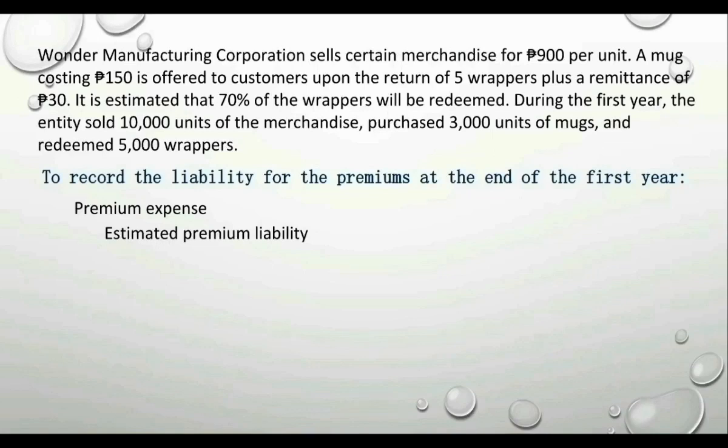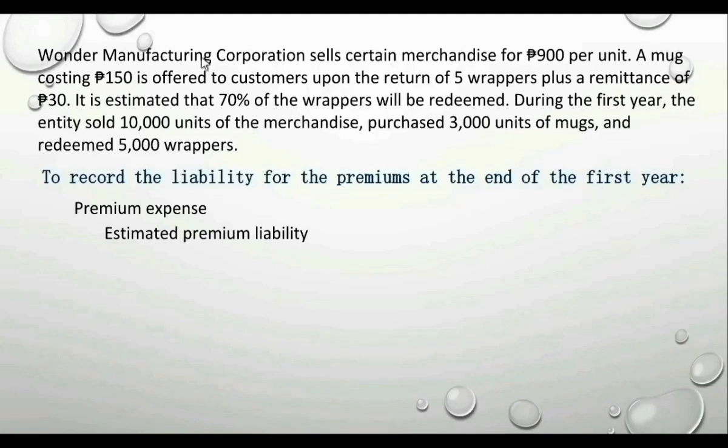The premium expense must be reported in the same period in which the corresponding revenue from the sale of the merchandise is earned. But how much is the estimated premium liability at the end of the first year?